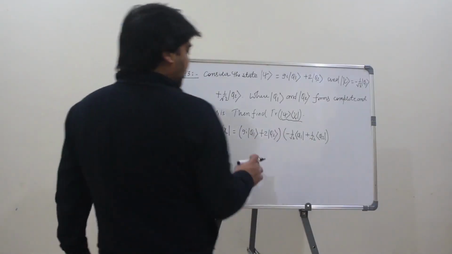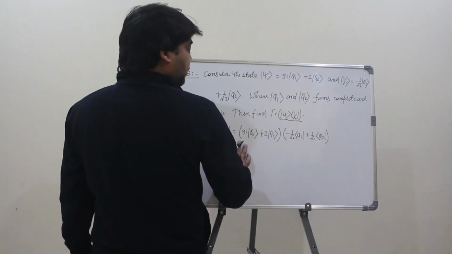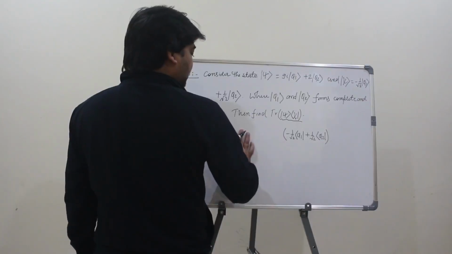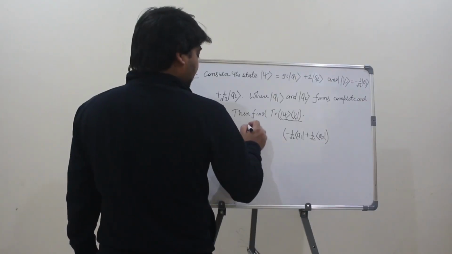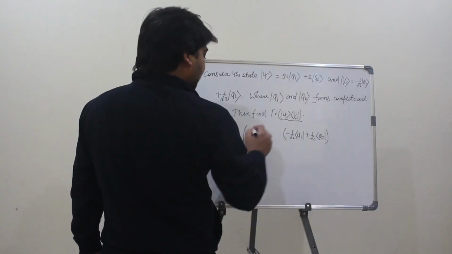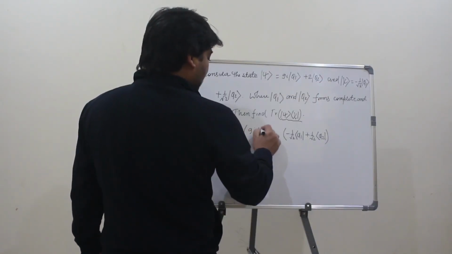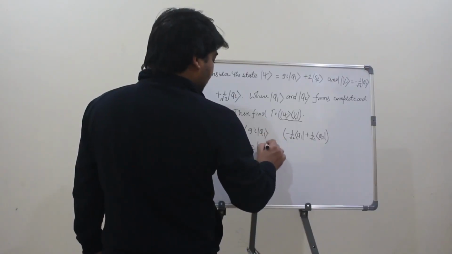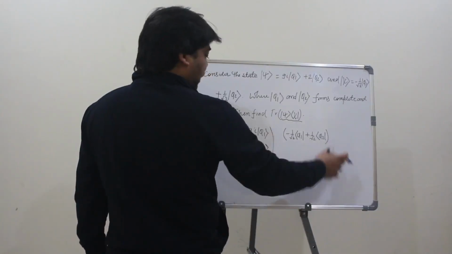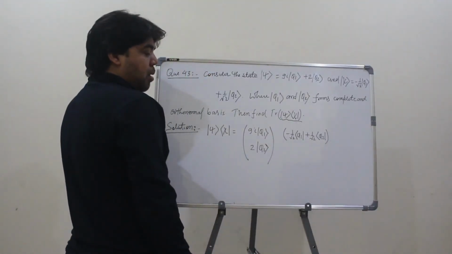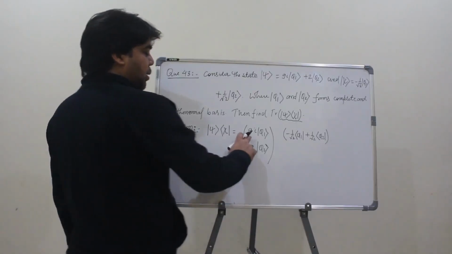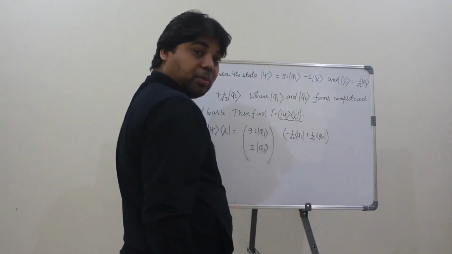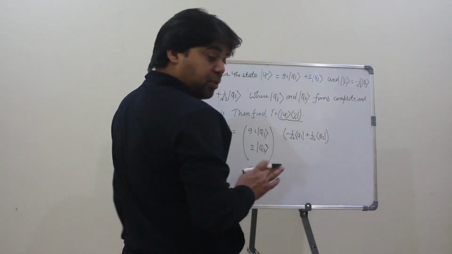This gives you a column vector, and this will give you a row vector. Now let us try to multiply it. When you multiply, this will multiply with both of these, and this will multiply with both of these. Remember that phi 1 and phi 2 are orthonormal.